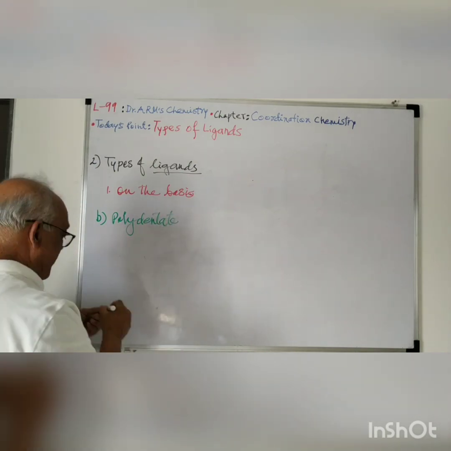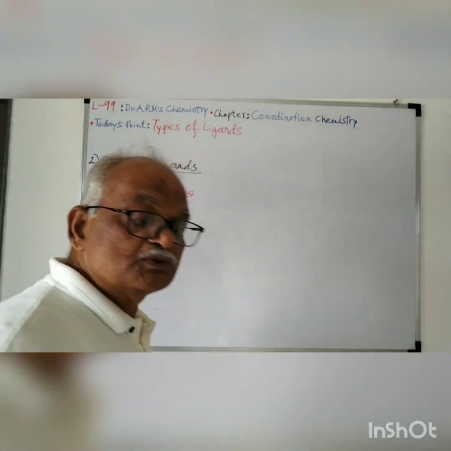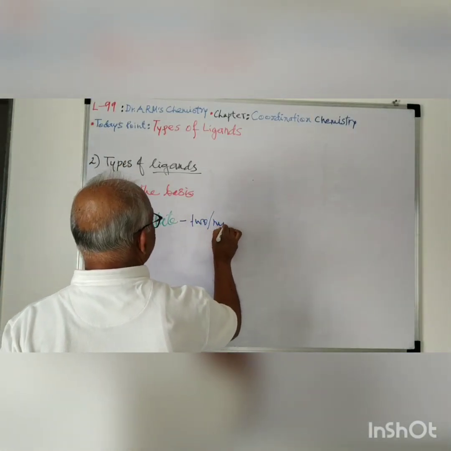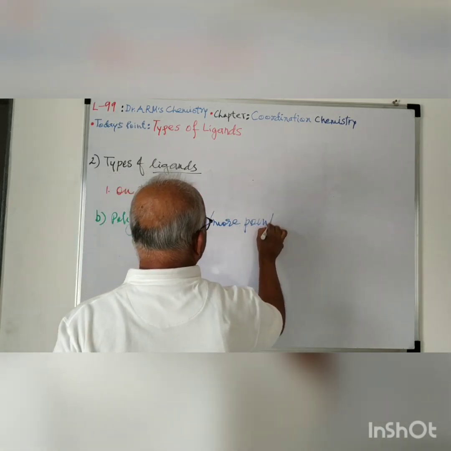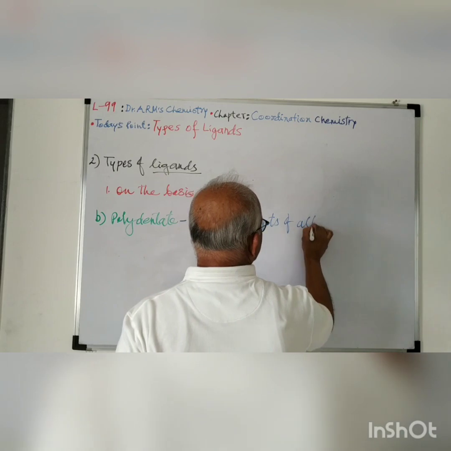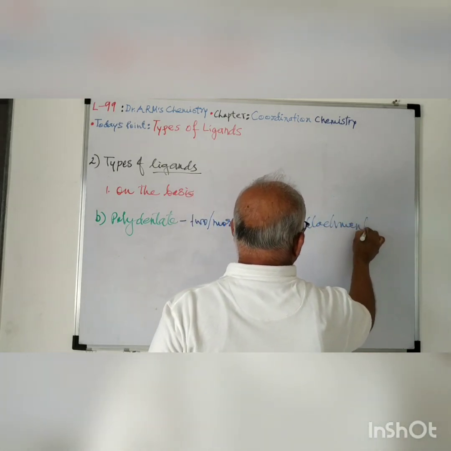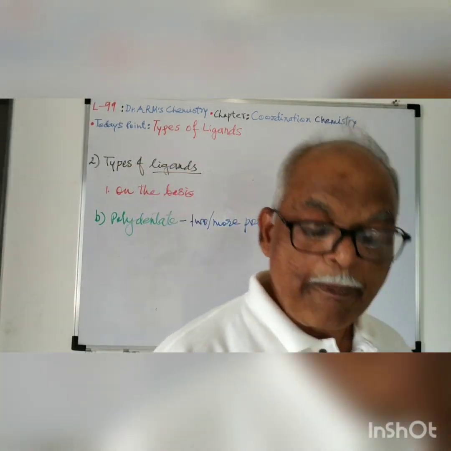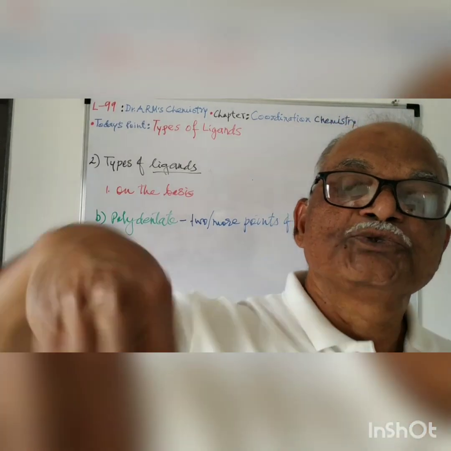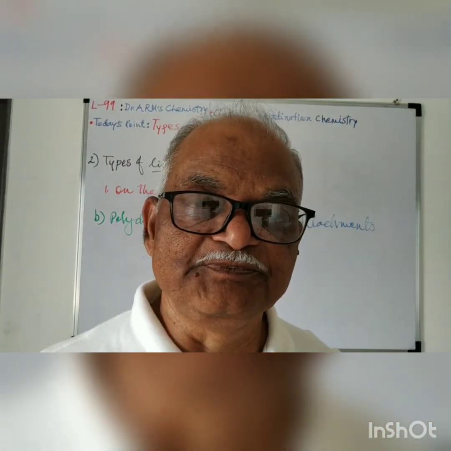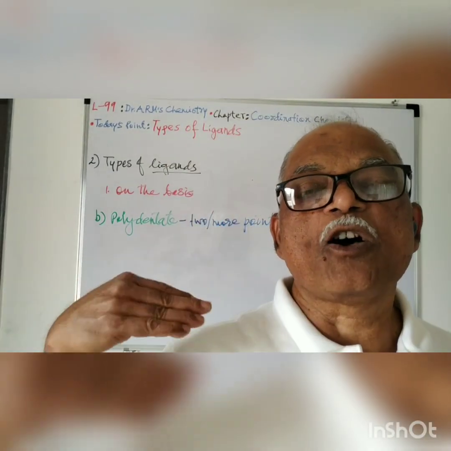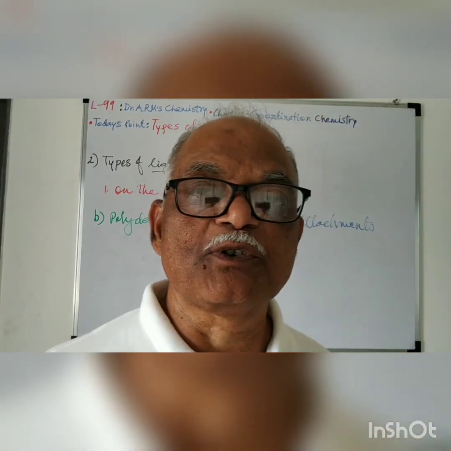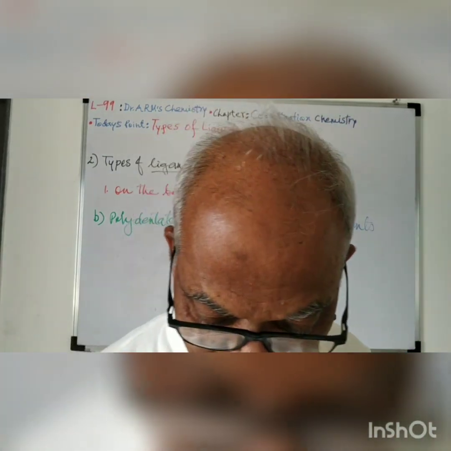Polydentate means it has two or more points of attachment. Two or more points of attachment means in such a case there are two or more donor atoms which can provide two or more electron pairs with which it can establish covalent bonding with the metal ion.